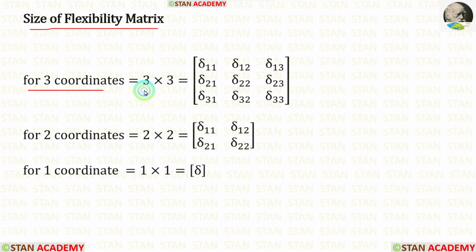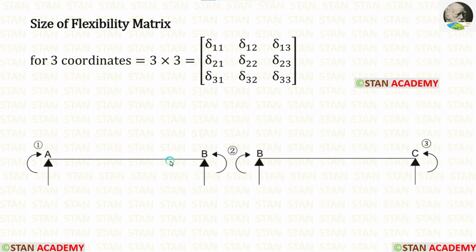For 3 coordinates it will be 3 by 3. For 2 coordinates it will be 2 by 2. For 1 coordinate it will be 1 by 1. In this analysis we are having 3 coordinates, so the size will be 3 by 3. Inside the matrix we will have 3 rows and 3 columns.